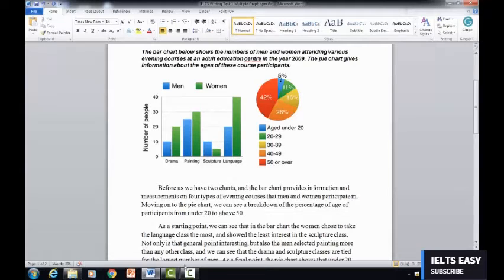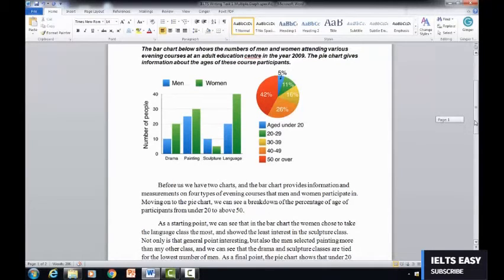So when we look at drama, we see that the women in drama are at 20 and the men are at 10. Okay, and when we look at the painting, the women are at 30 and the men are at 25, basically. So we're going to use those numbers to make our sentences.